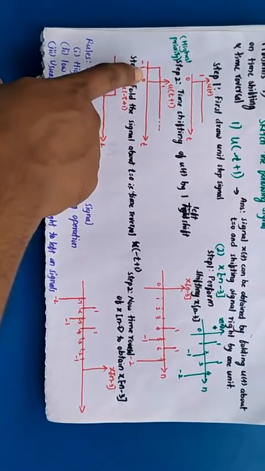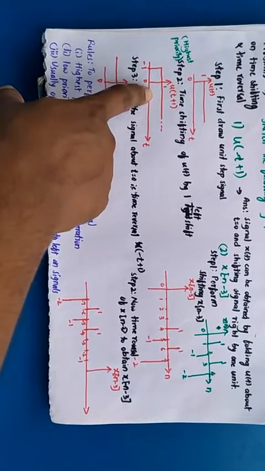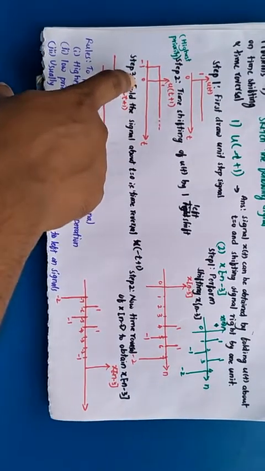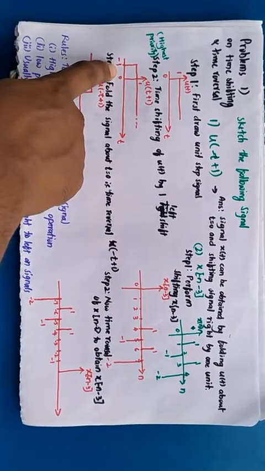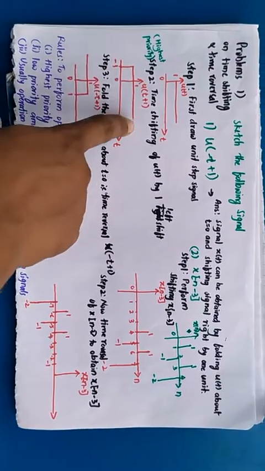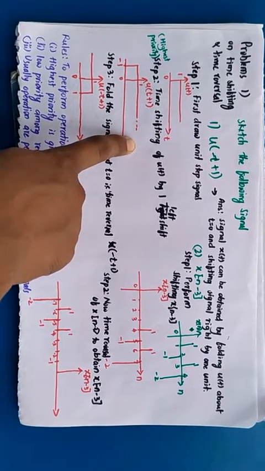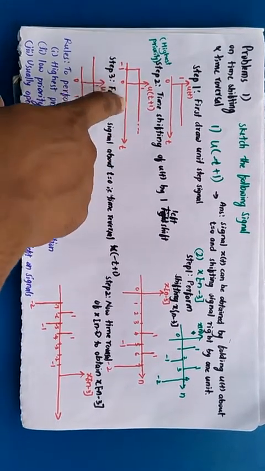Because you are applying time reversal on this signal, which starts from minus 1 and goes to plus infinity, now negate all the values of t.